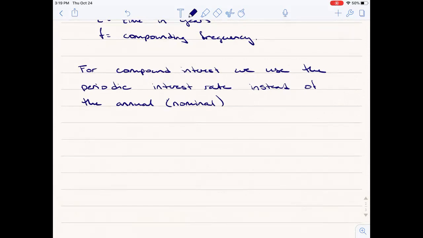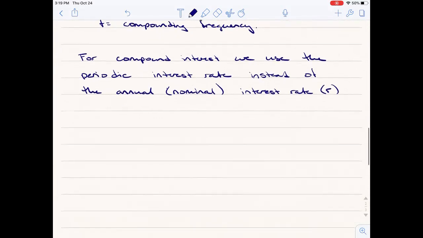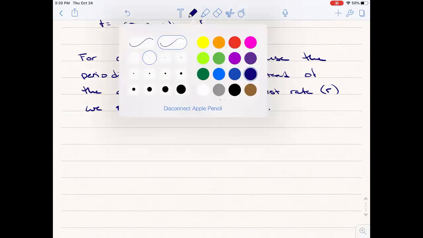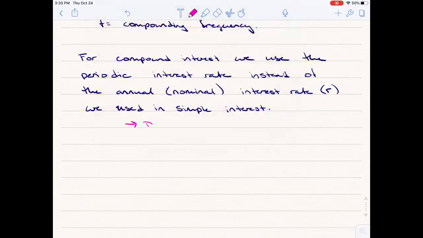And so instead of the annual or nominal interest rate, which was a lowercase r we used in simple interest, the periodic interest rate is denoted by a lowercase i.